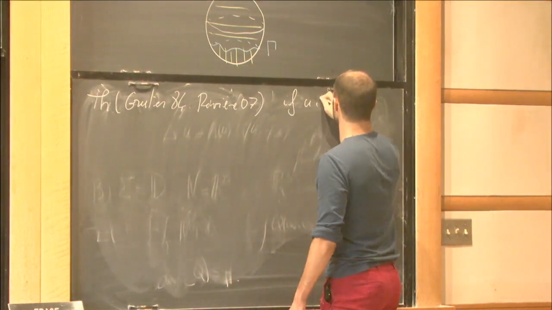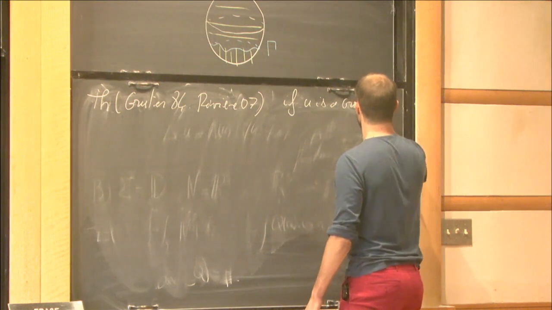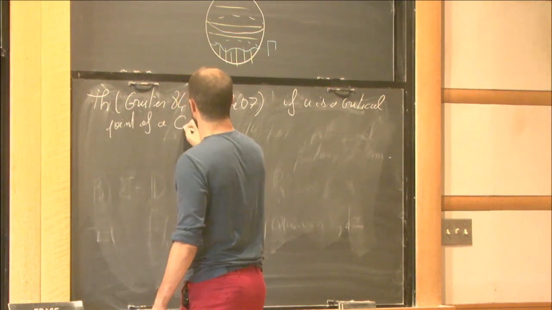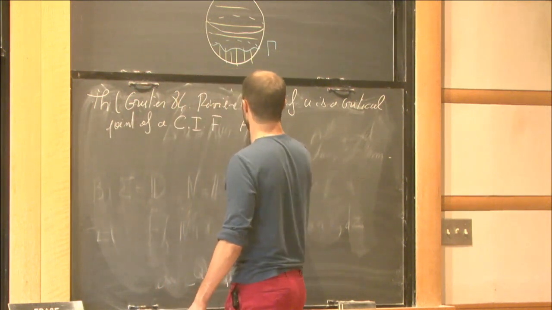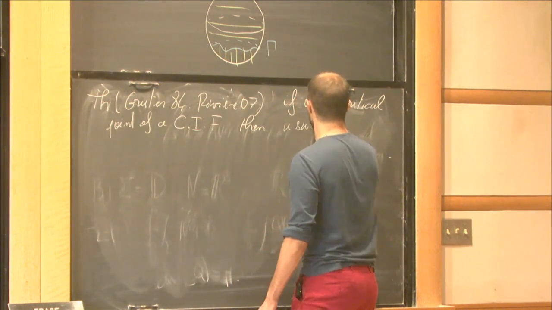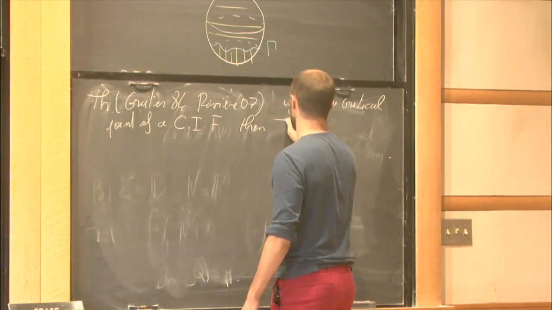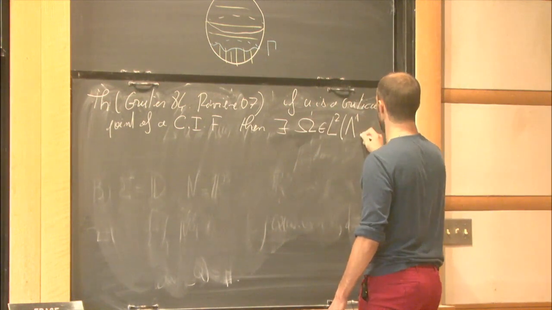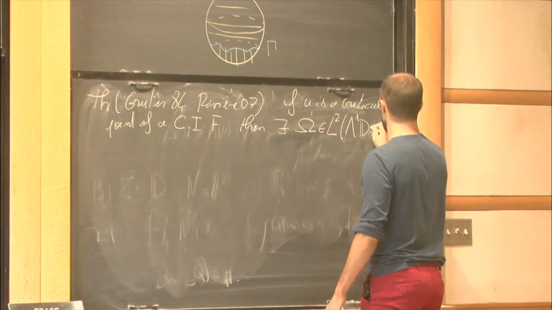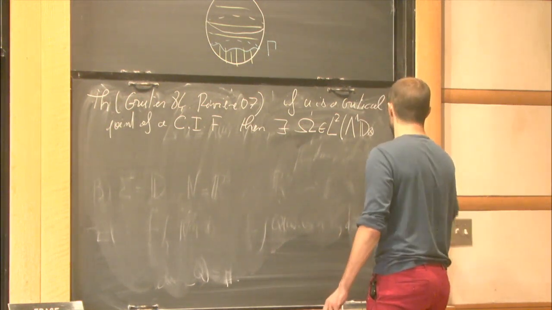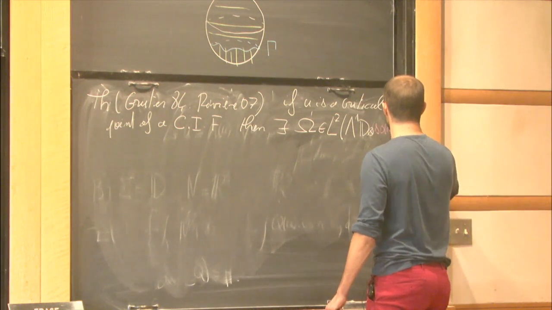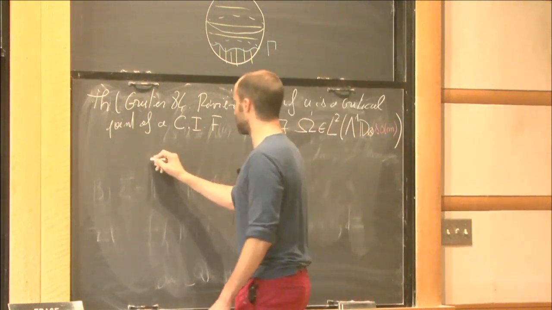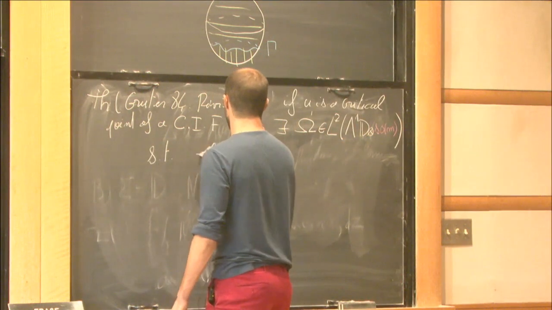If u is a critical point of a conformally invariant functional, then there exists omega, a one-form in L^2, which takes values in the space of antisymmetric matrices. And this is the key point of all the analysis. Such that you satisfy the following equation.